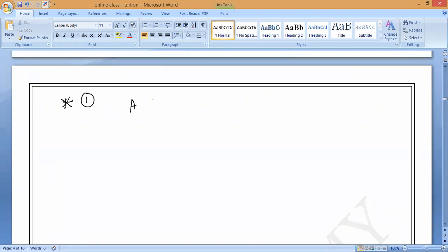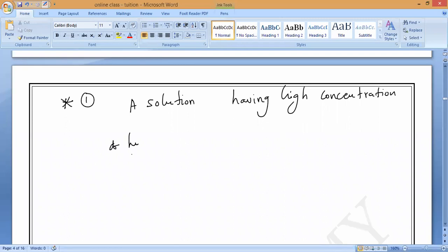Because everything is MCQ: a solution having a high concentration of hydrogen ions has a low pH value.